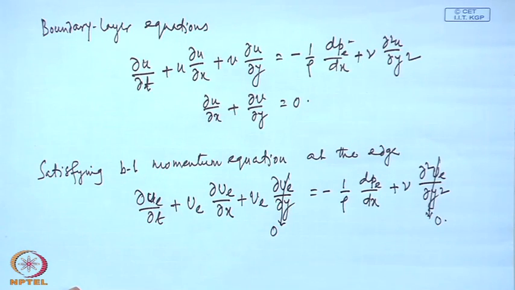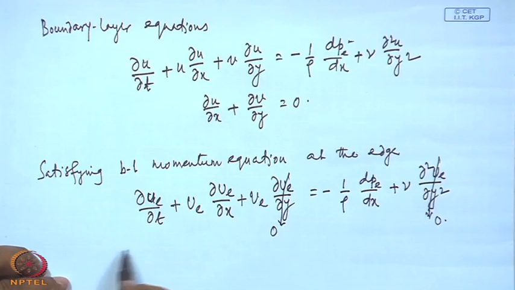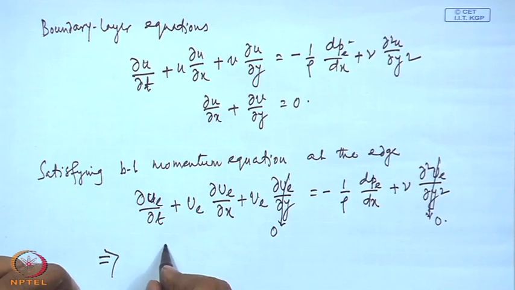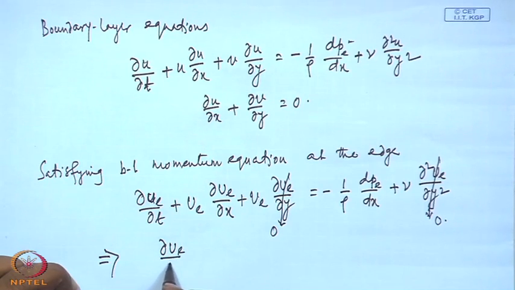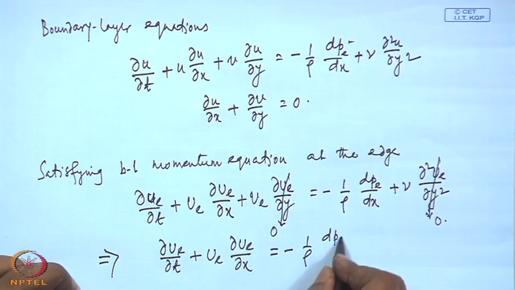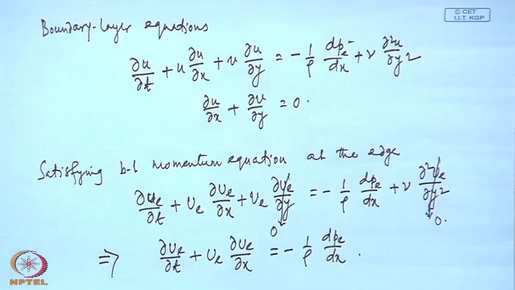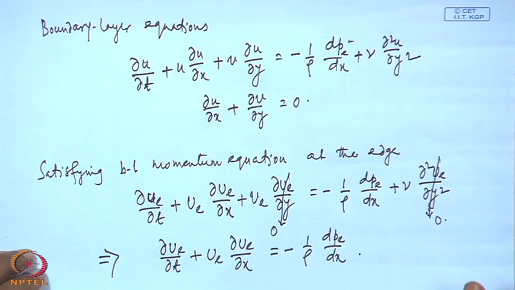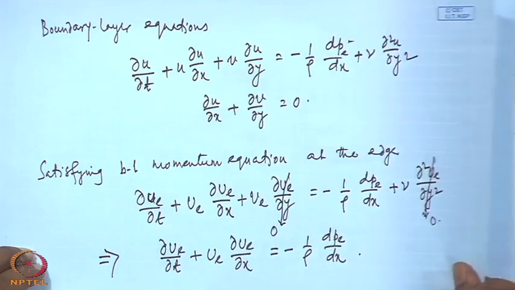This is also 0. So, we get this. Now we can substitute this in the x momentum equation. So, if we substitute this in the x momentum equation, what do we get?